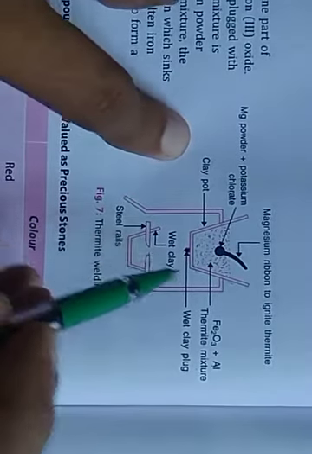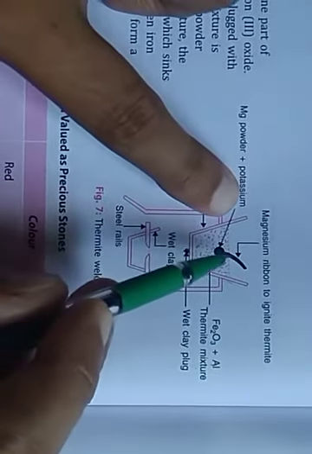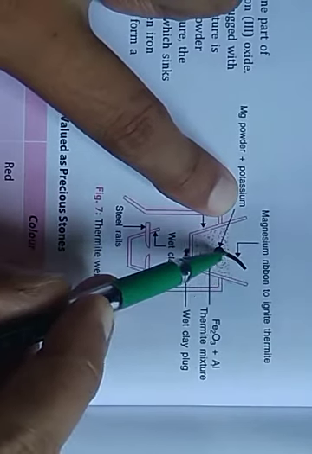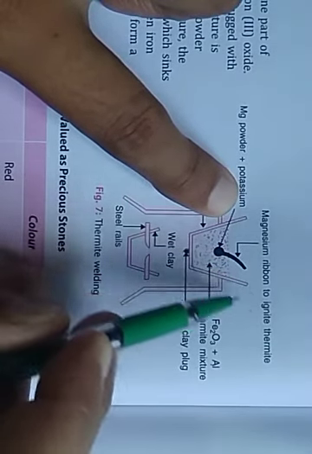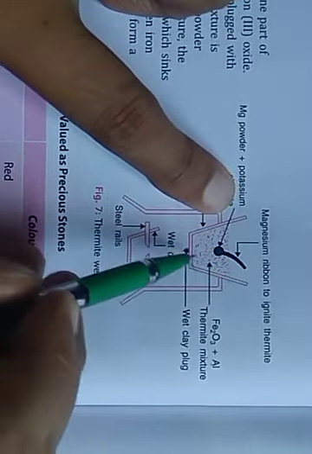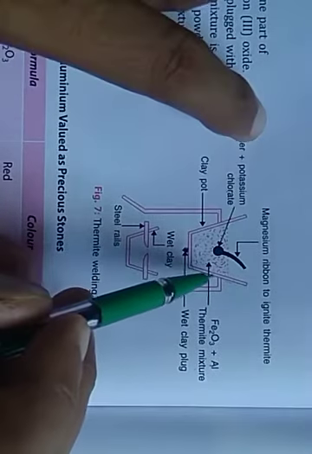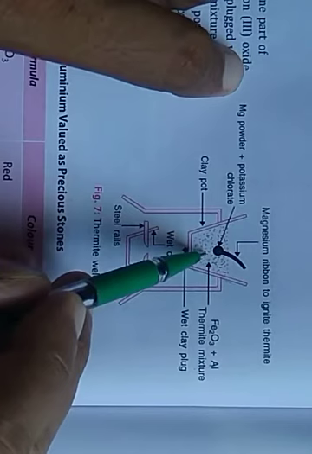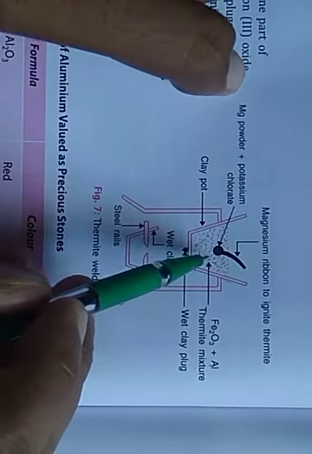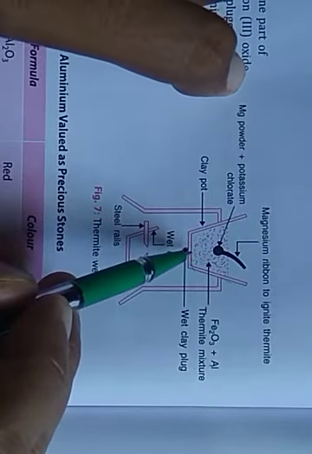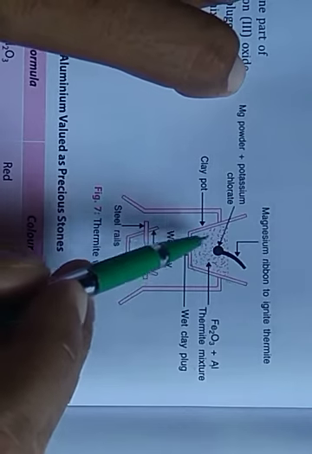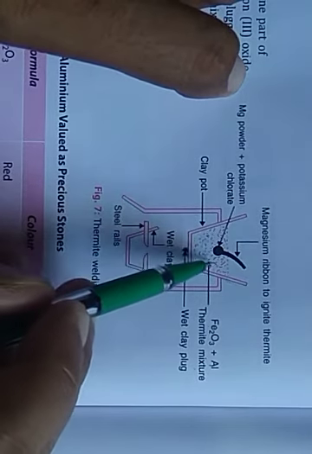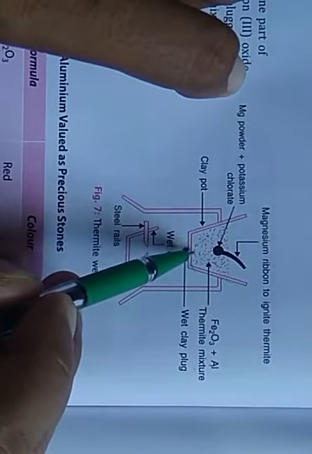On igniting the mixture with the magnesium ribbon, the thermite mixture produces molten iron, which sinks at the bottom of the clay pot.